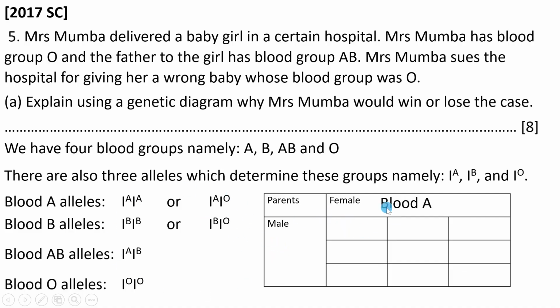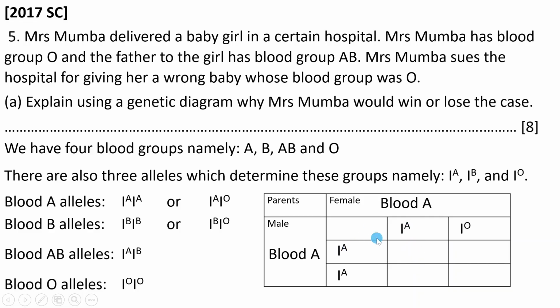Let's say we have a mother with blood group A, homozygous, and the father with blood group A as well, but heterozygous. So what happens if one of the parents is homozygous and the other one is heterozygous?